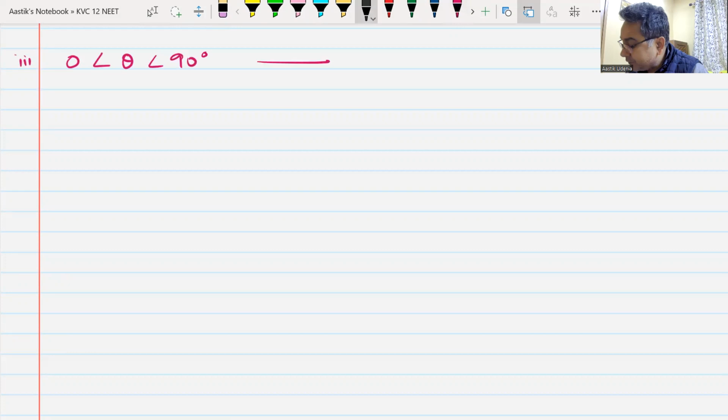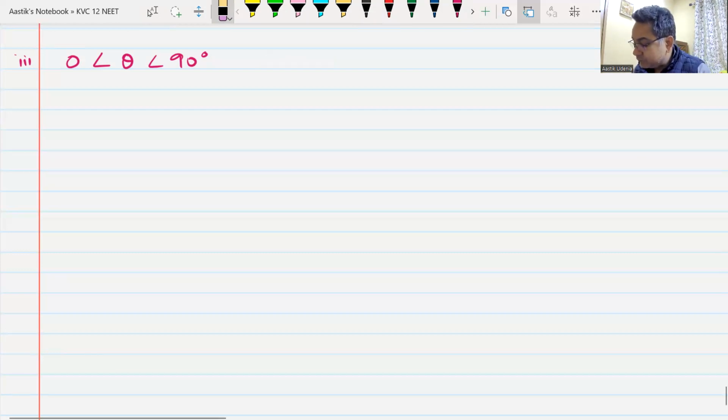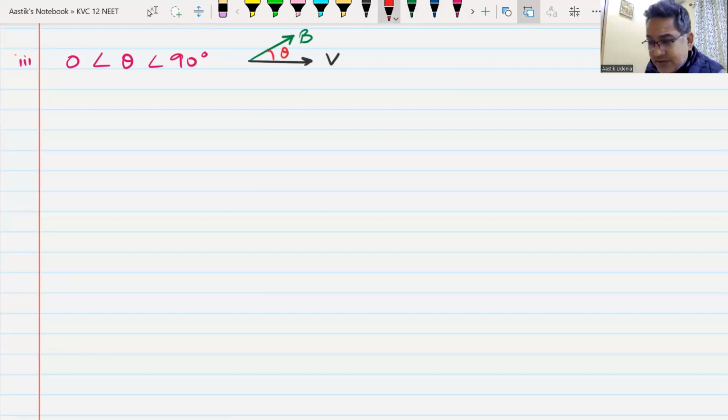So my velocity is like this and the magnetic field is like this. It is at some angle theta, and this angle is not 0 or 90 degrees.